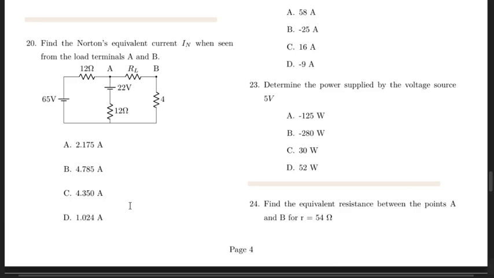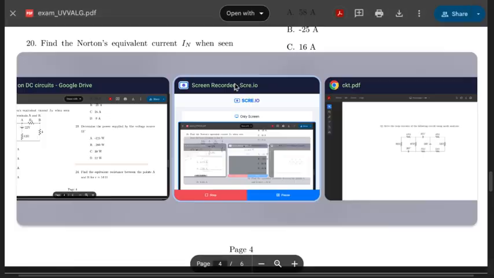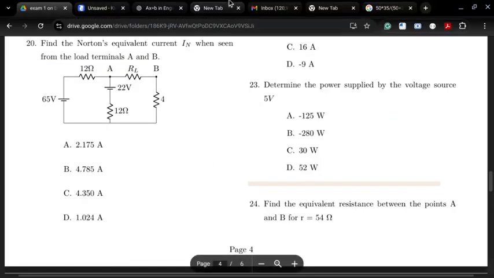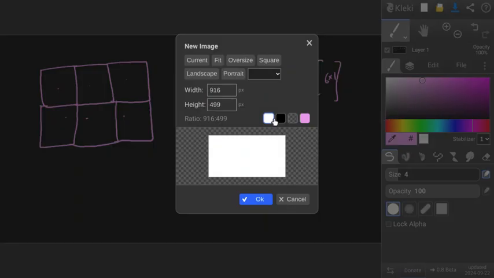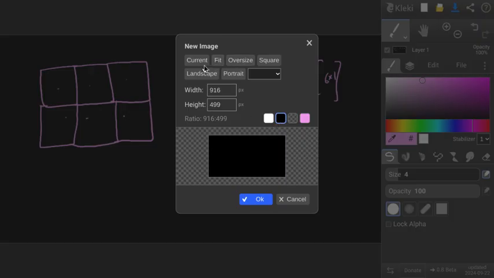Norton's equivalent is the same as Thevenin's equivalent, where Thevenin's equivalent looks like this. So this is one and this is two. Okay. I think I can increase the height.